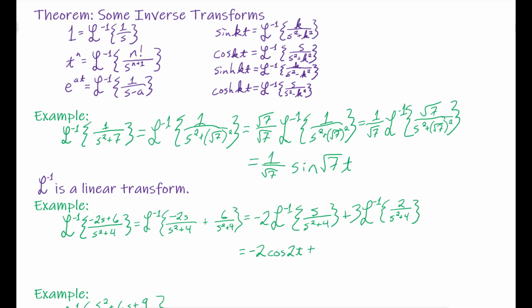And then I'm going to add to that 3 as a constant still. And 2 over s squared plus 2 squared looks like sine of 2t. So I'll have 3 sine of 2t. And that will be my inverse transform of negative 2s plus 6 divided by the quantity s squared plus 4.